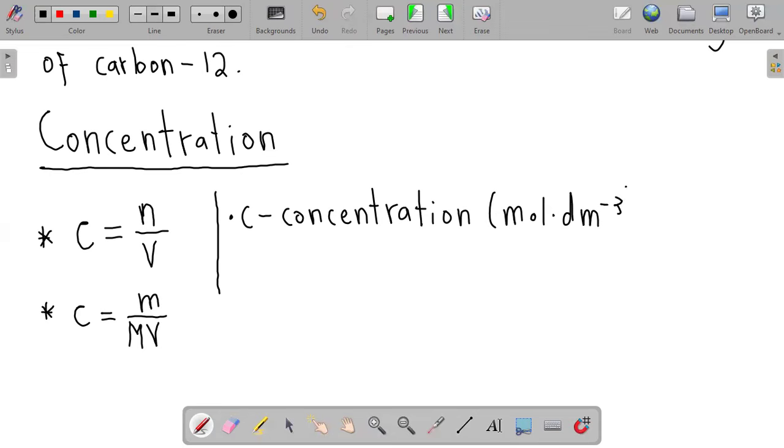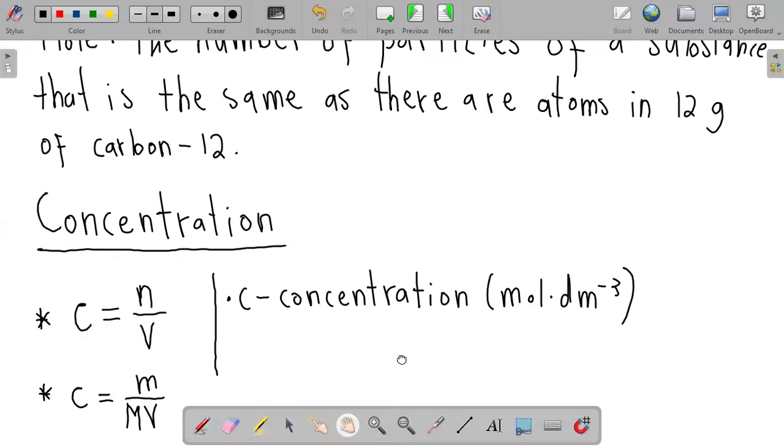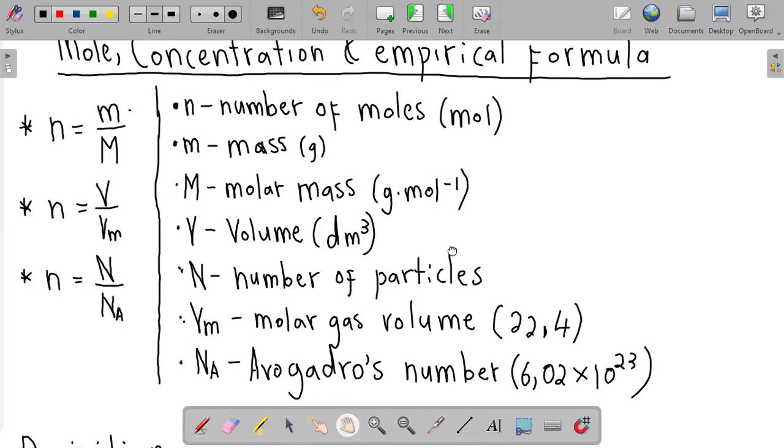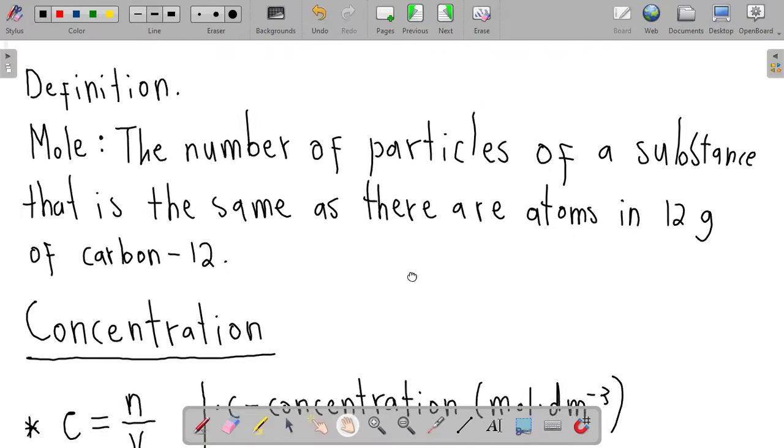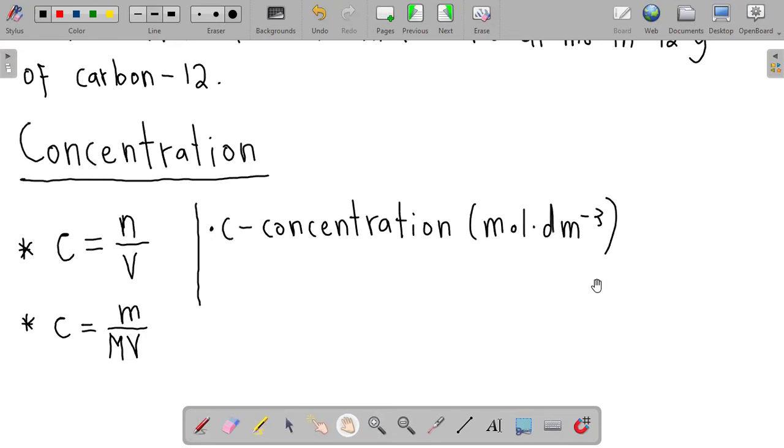All the other symbols, the n, the V, the m, the capital M, are the same as described previously: the volume, the molar mass, the mass, and the number of moles. The new thing here is C, which stands for the concentration.